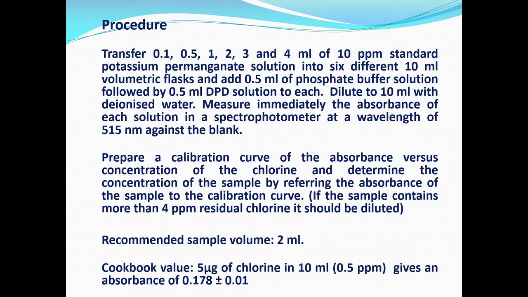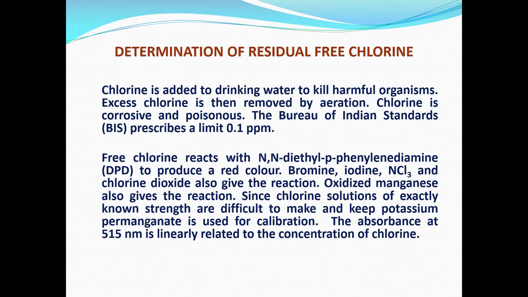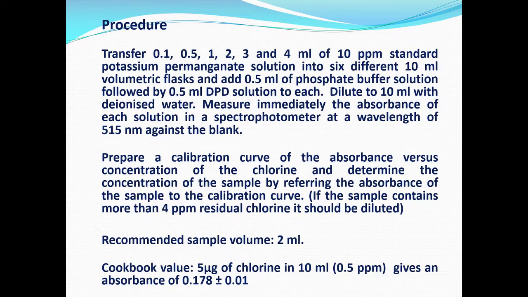So, the cookbook value: if you use 5 microgram of chlorine in 10 ml, that is 5 divided by 10, is 0.5 ppm, that should give you an absorbance of about 0.178 plus or minus 0.01. So, if you go back, you know that the required standard is 0.1 ppm, and we are getting 0.178 for 0.5 ppm.